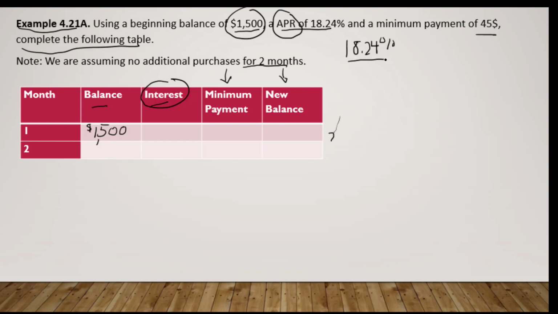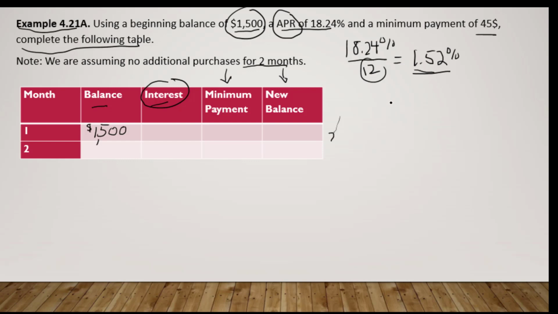So there's 12 months in a year, so it's going to be 1.52%. I got that on my calculator. So that's my monthly interest rate, which is 1/12, right? Dividing by 12 is the same thing as taking 1/12. 1/12 of the yearly interest is the monthly interest.